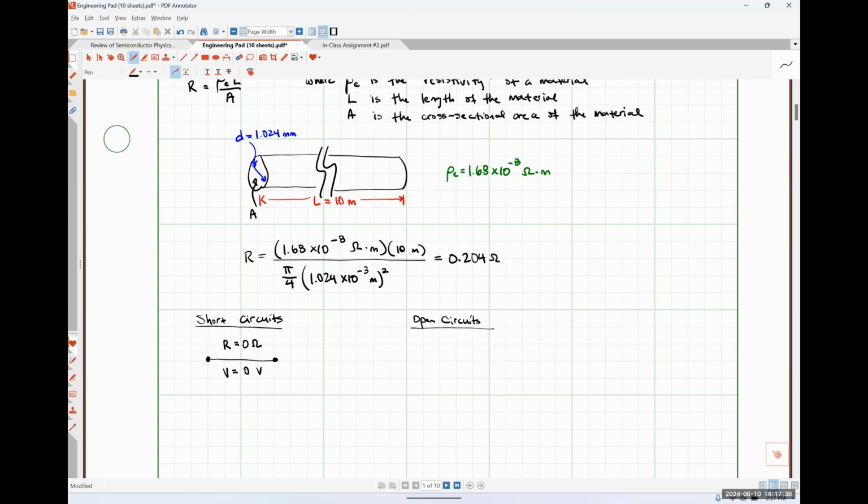That's exactly the reason why we got to treat effectively all points that are connected to each other between two circuit elements as the same node on the first day of class. Okay. In an open circuit, we're going to have something like this.